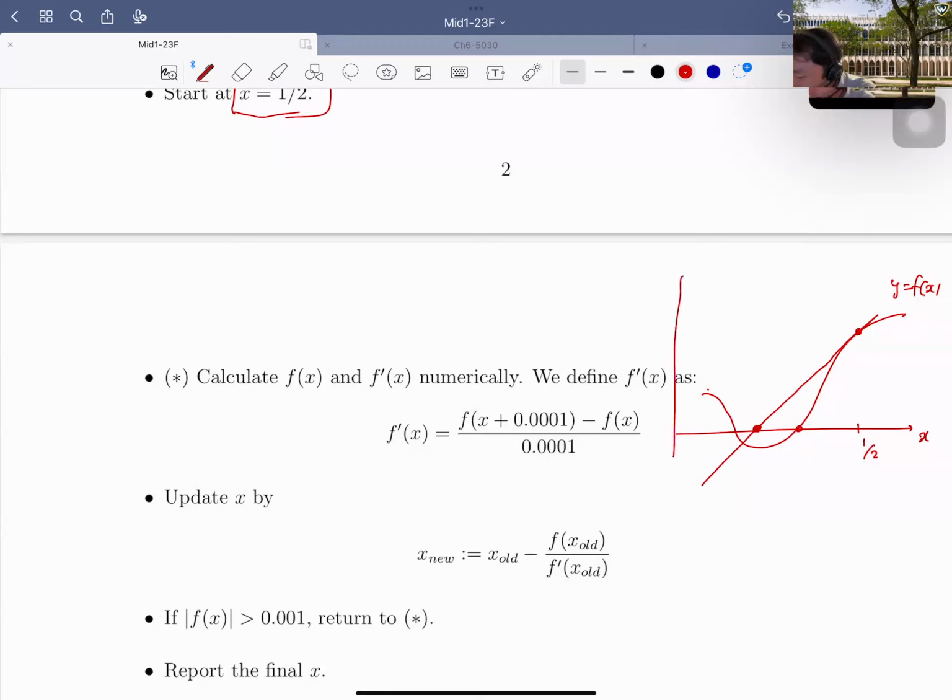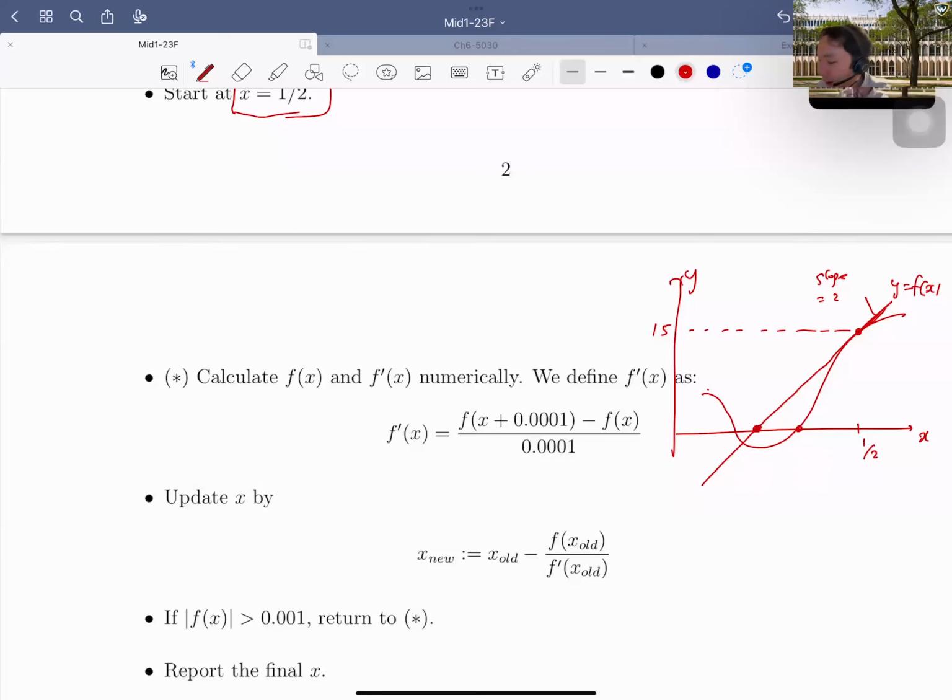So we have the y-axis, and this value may be 15 or something. Then we go back several steps, and suppose, for example, the slope is 2. Then basically we have to go back 7.5 to get an approximate answer, right?